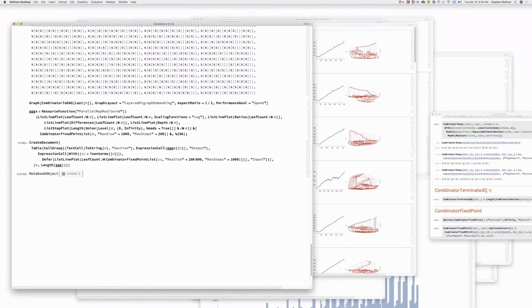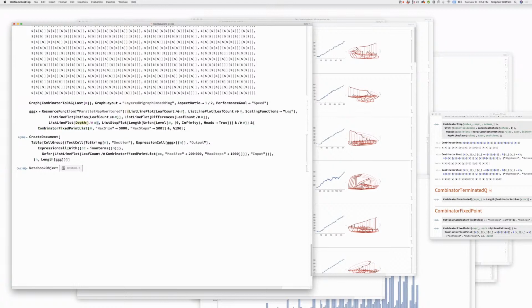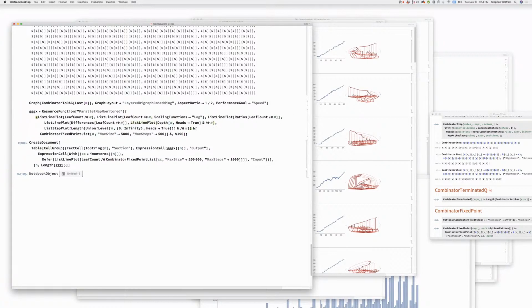Okay, now let's try running this. Let's try going to max size. At least, let's try 5,000 and let's go this one to 500 steps. And let's say this thing here, depth is wrong. I need to do heads goes to true. Should we, here's a good start.